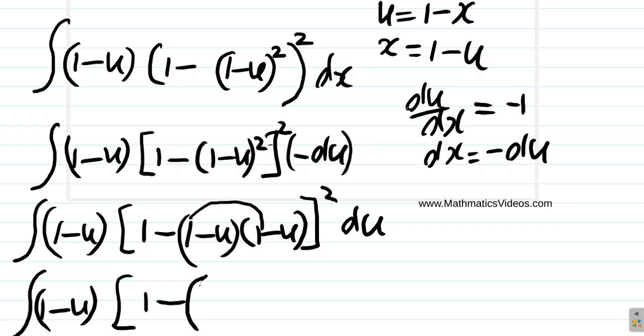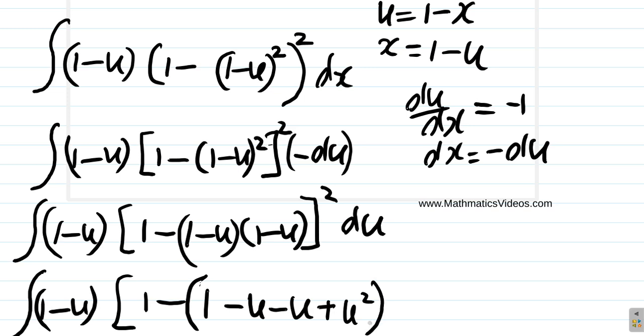1 times 1, that's 1. 1 times negative u, that's negative u. Negative u times 1, that's negative u. Negative u times negative u will be plus u squared. See that?